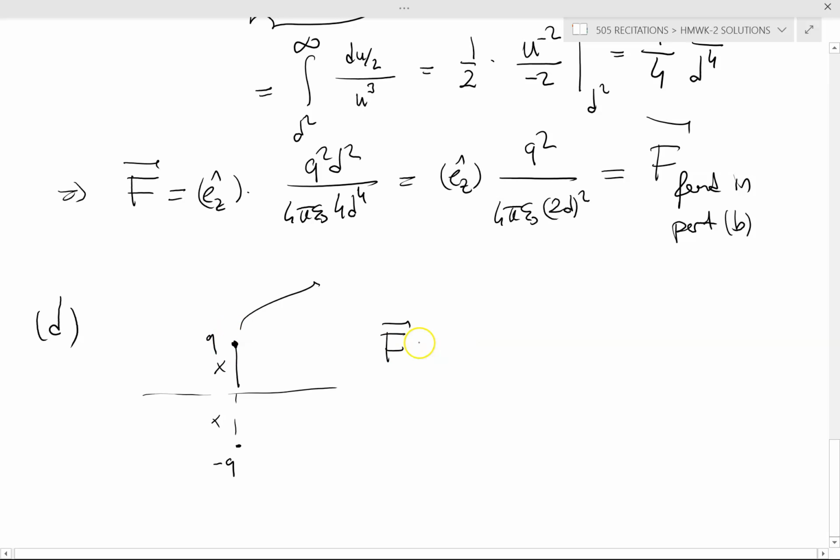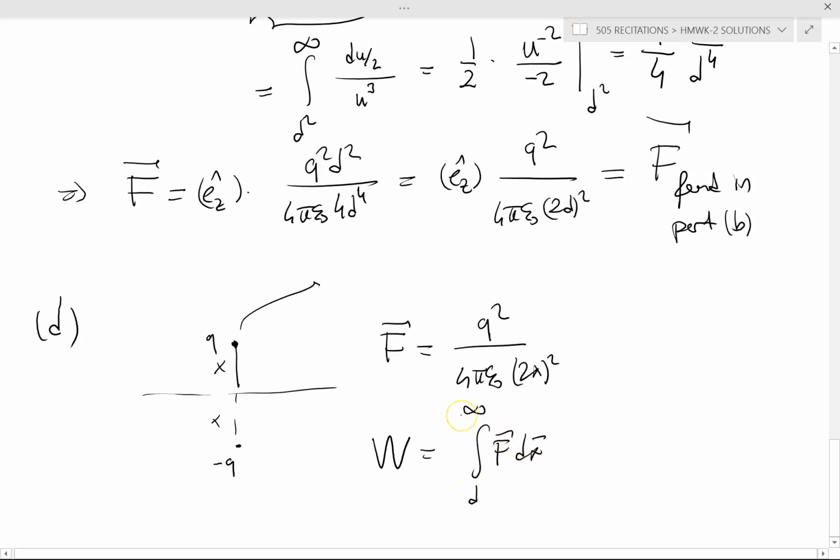So F shall now be equal to q² divided by 4πε0 (2x)², right? And work is nothing but the integral of F dx from d to infinity.